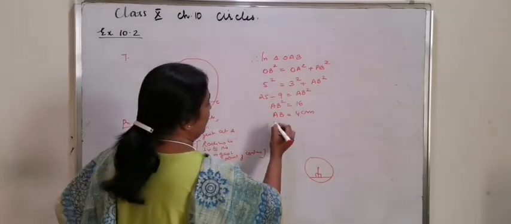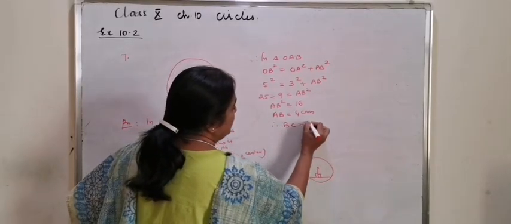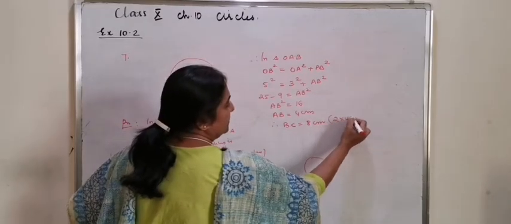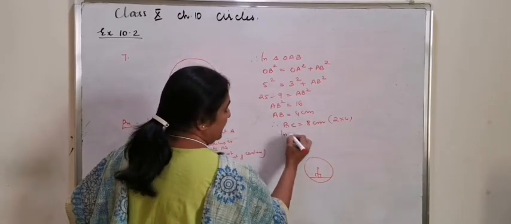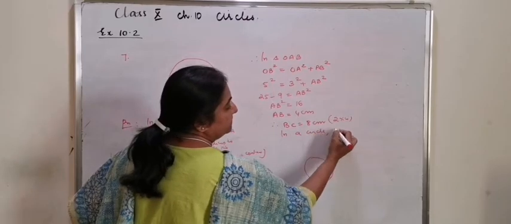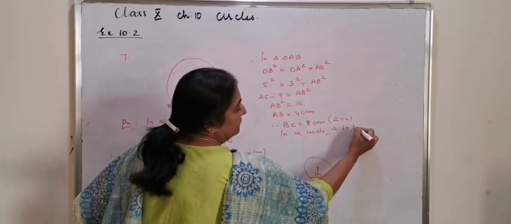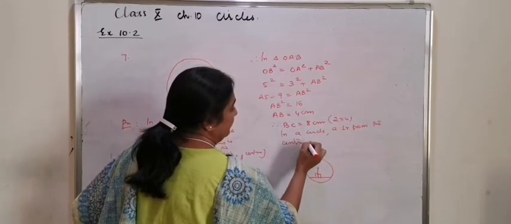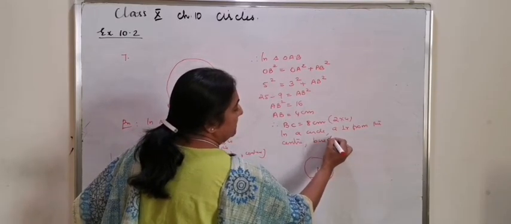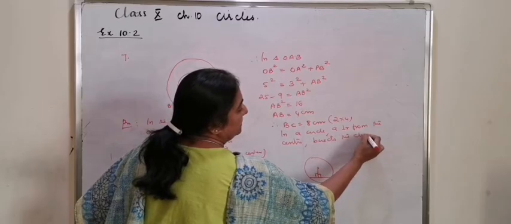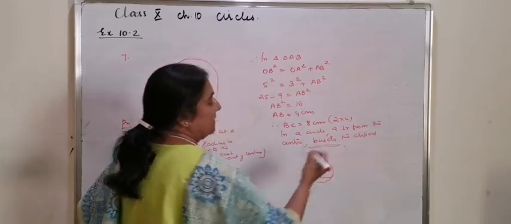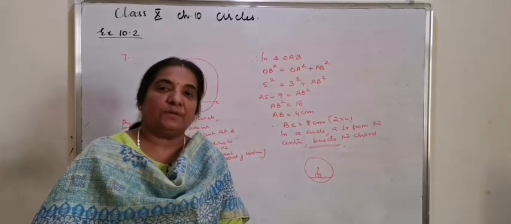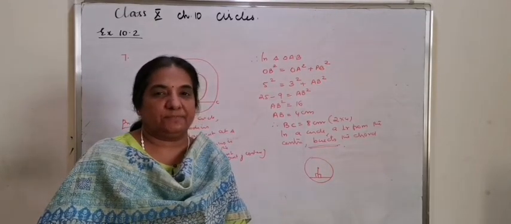So you can directly write, therefore, BC is equal to 8 centimeter, that is 2 into 4, because in a circle, a perpendicular from the center bisects the chord. Perpendicular from the center always bisects the chord. This question is also an important 2-mark question.